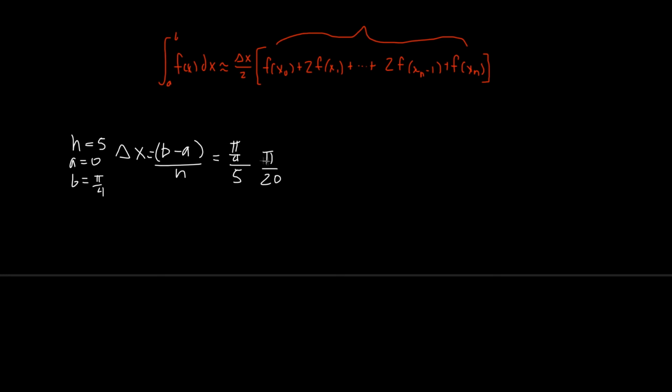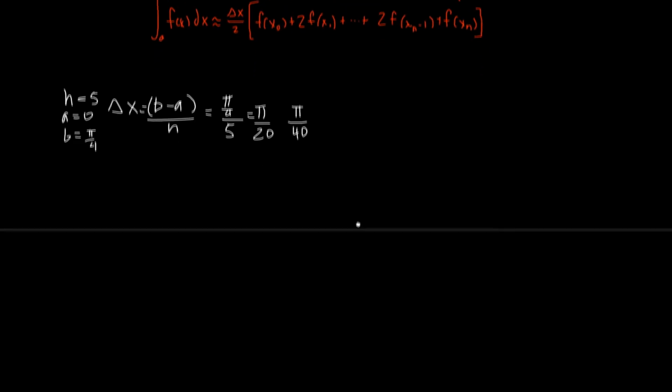Now, we also know that this value is going to be placed in the numerator divided by 2. So the coefficient in front of our whole expression is going to be pi over 40. I'm going to start plugging our expression into the original trapezoidal rule.